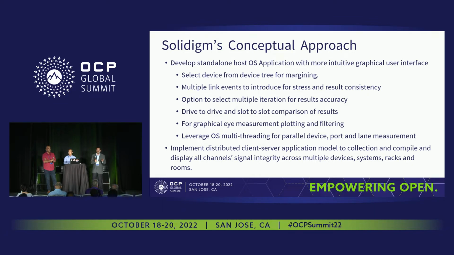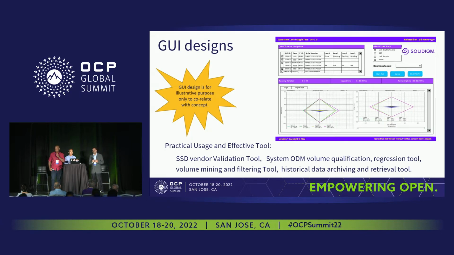Select only SSD data, just to see how the SSD is performing and behaving in this situation. Similarly, move to the next host system, retimer, and so on. That will help them analyze and debug this lane margining approach. And then utilize the OS level features, like multiple threading and parallelism, in this tool and have a great tool.